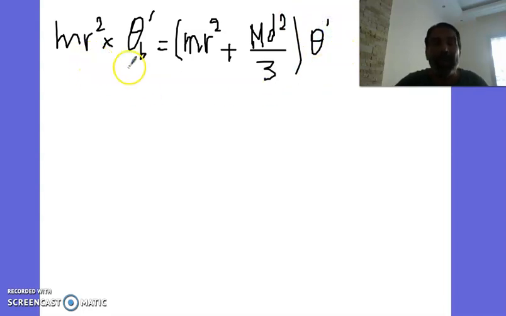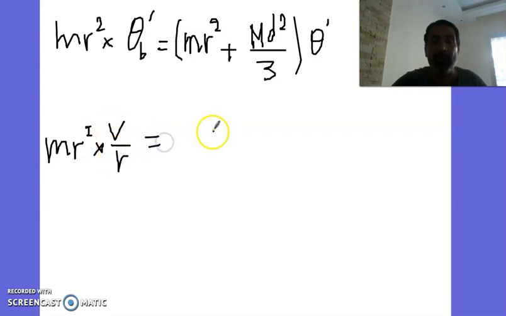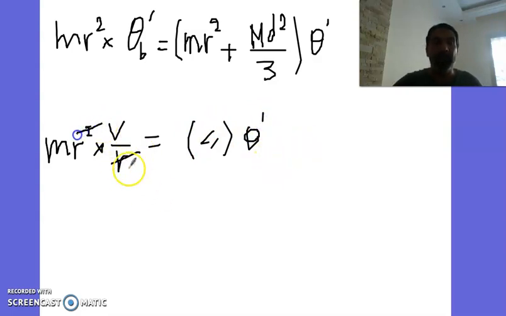Now what is r? But let me first simplify the calculation. You know theta prime is v over r. So this is m r squared times v over r for the bullet, equal to the quantity times theta prime. R with R cancel. But what is R? The value of the radius of the circle.